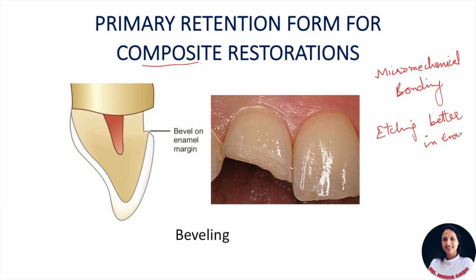So, increasing the area for bonding in enamel by providing enamel bevels in the tooth preparation can increase the retention in composite restorations. As you can see in this prepared tooth surface, by providing the bevel, we extend our preparation into the enamel surface. Thus, we get more surface area for bonding, apart from other advantages of the bevel.